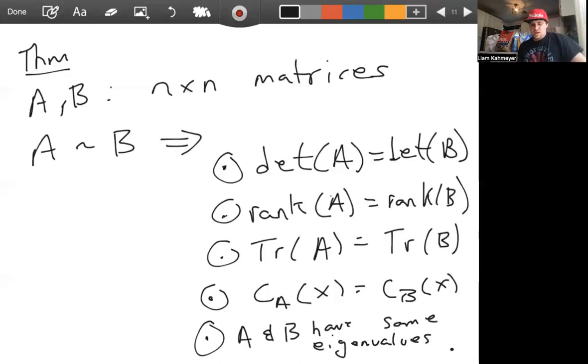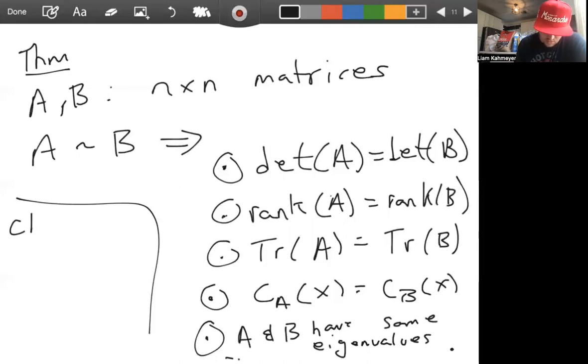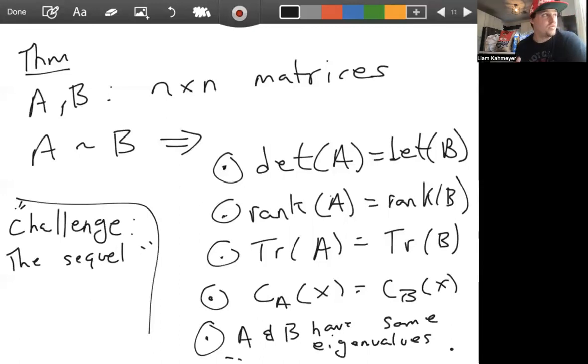Okay. And if you really want a challenge, I would challenge you to prove all the implications from this theorem. So start with similar matrices.